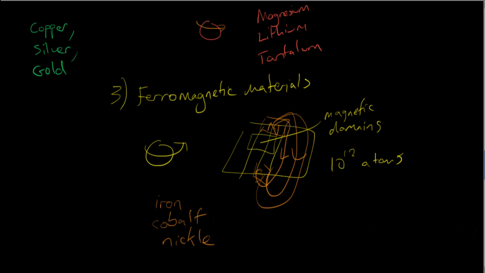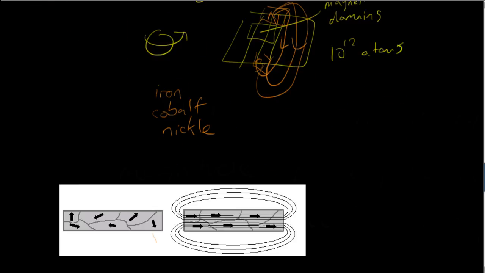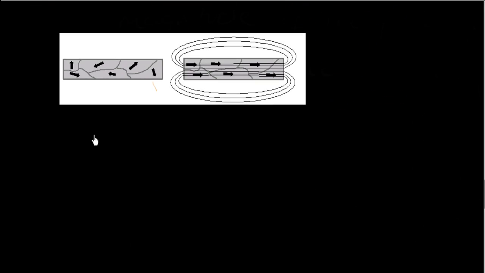So just to show you a little bit better what I'm talking about, here on the left, this would be an unmagnetized material, where these guys there, they are the domains.